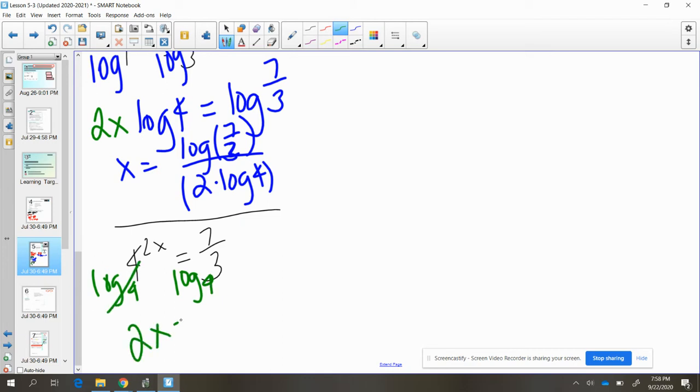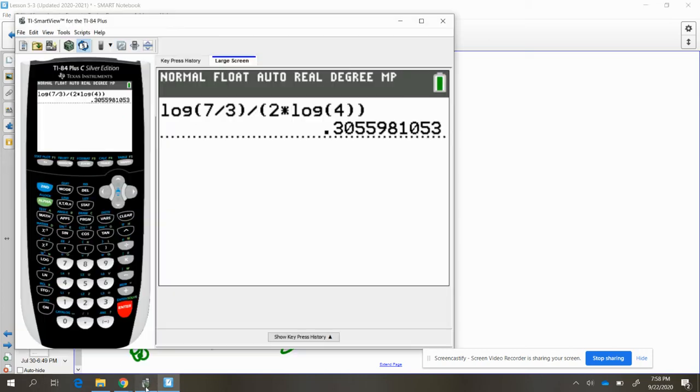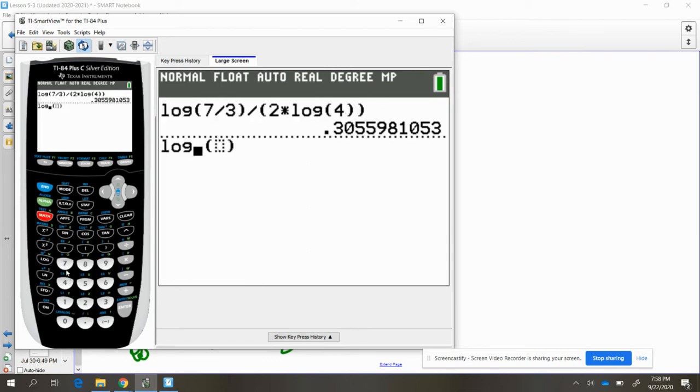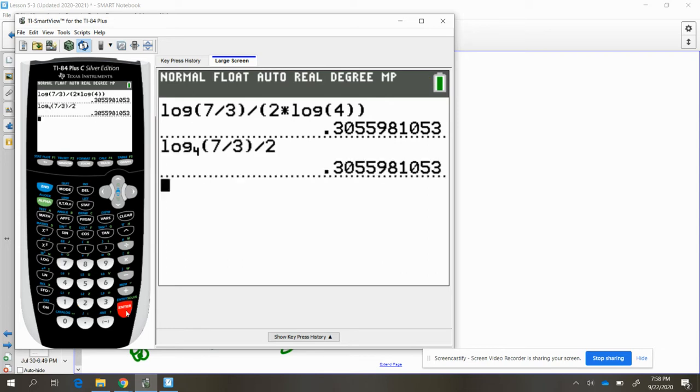And then we have 2x equals log base 4 of 7/3, and then all of that will need to be divided by 2. And if we use our math alpha math, we have log base 4 of 7/3 divided by 2, and we got the same answer, okay?